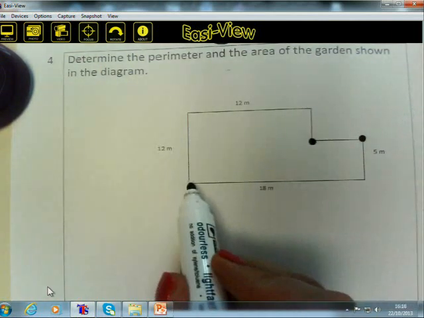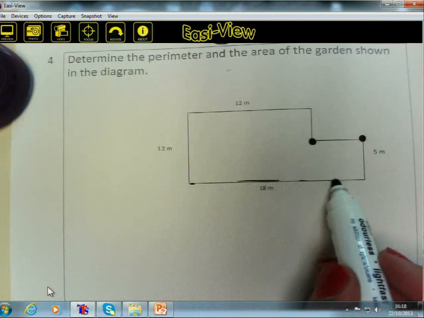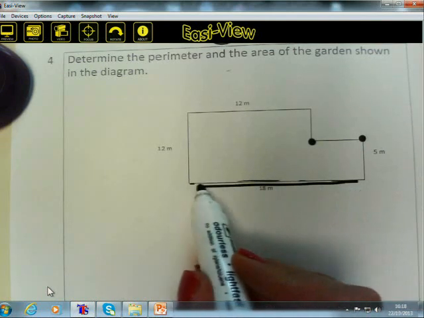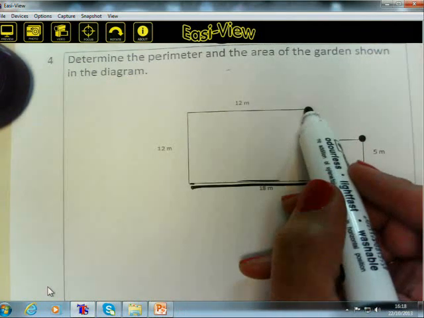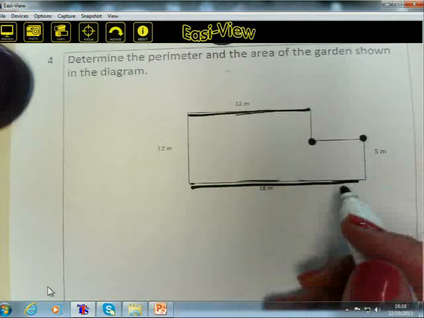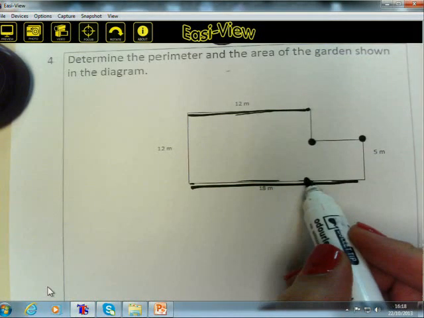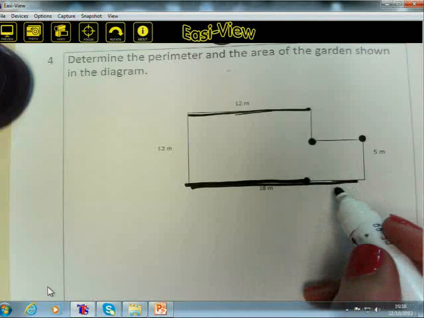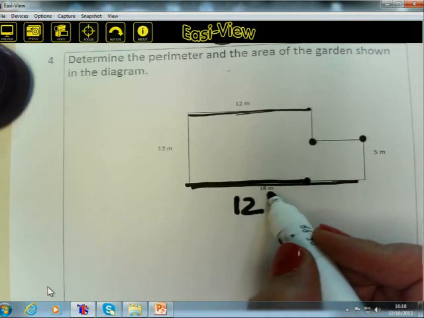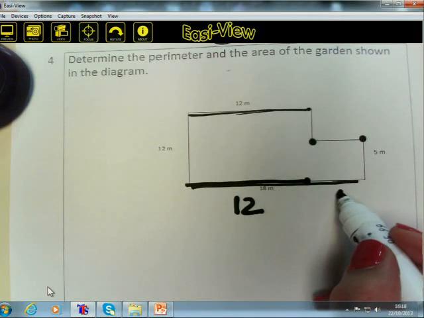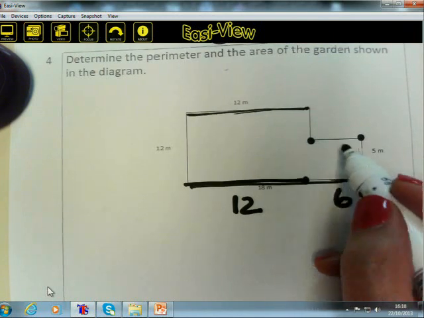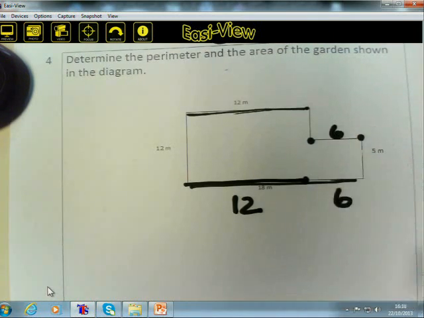Now, if you look at this one, this is 18 from there to there. This is 12 from there to there. So how long is that? If this is 12, that's 18. This will be 6. So that one will also be 6.